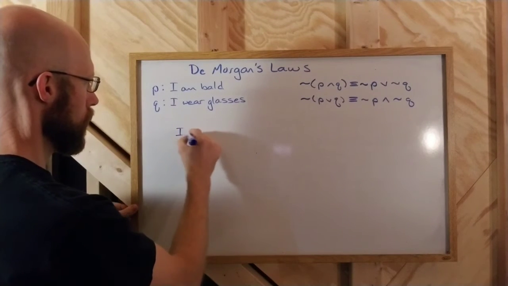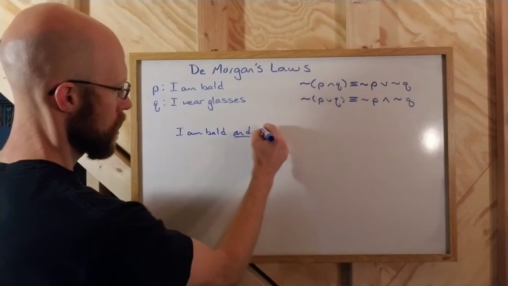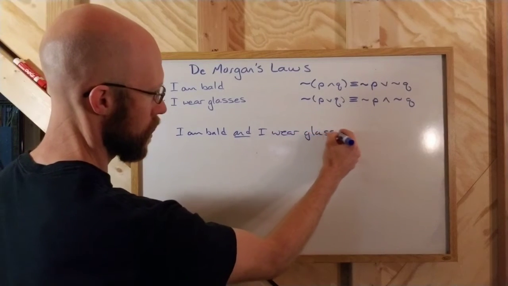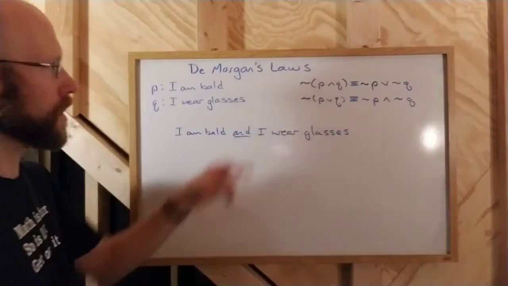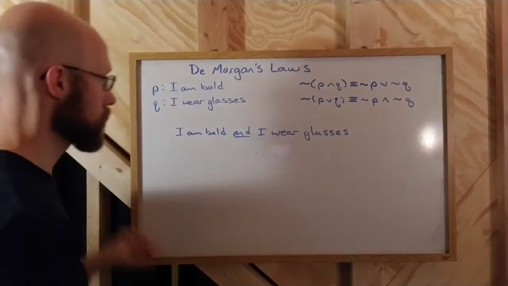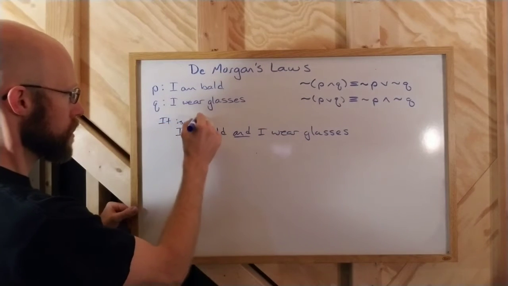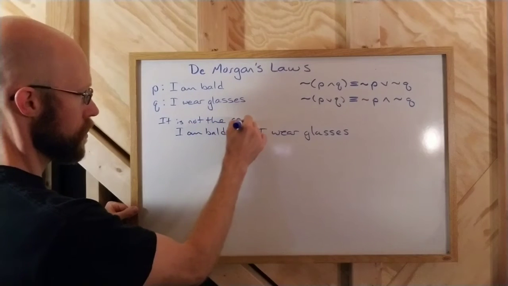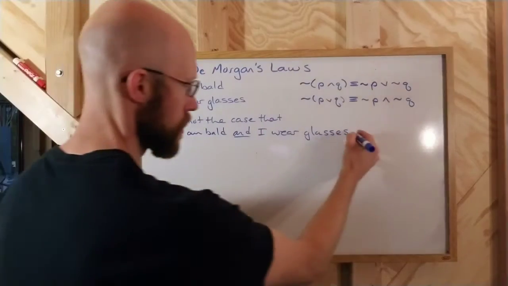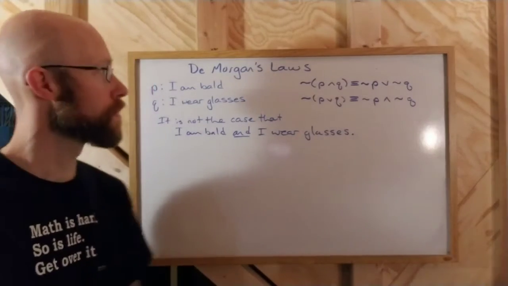That's that part. But then the negation of that means it is not the case that I am bald and I wear glasses. So that's actually the left side there on the first De Morgan's law.